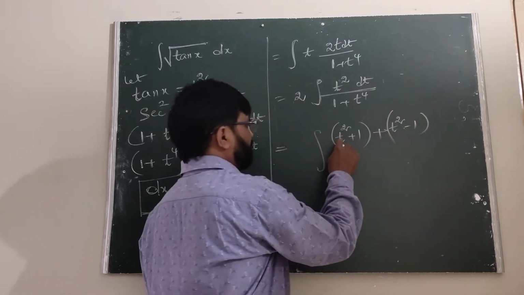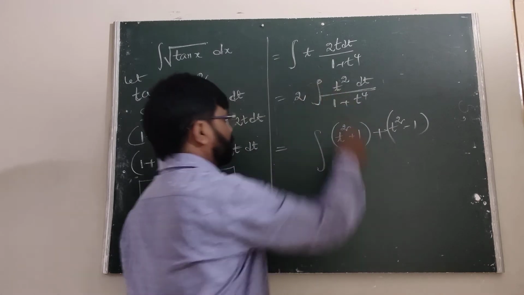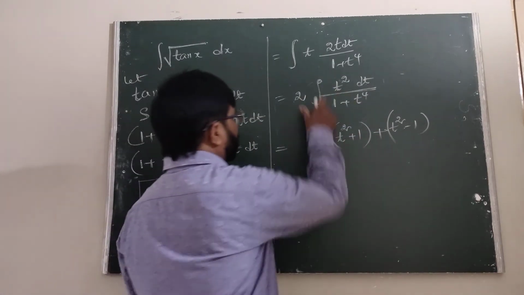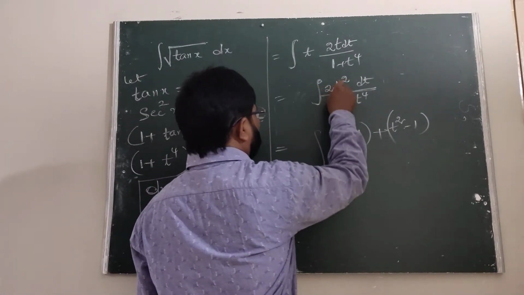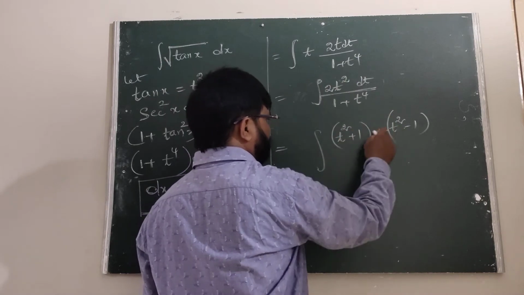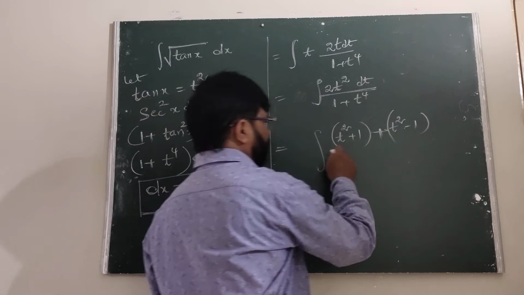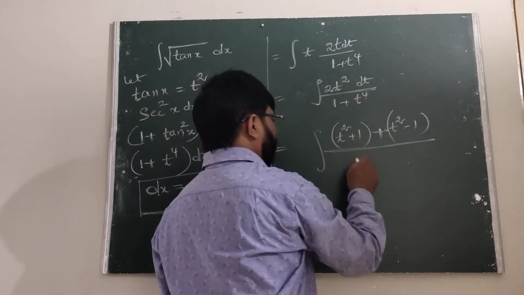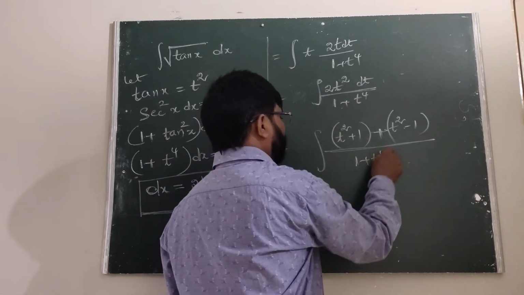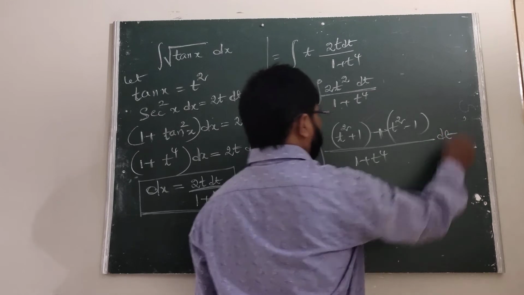Is it clear? T square plus t square is 2t square, and plus 1 and minus 1 cancel, upon 1 plus t power 4 dt.